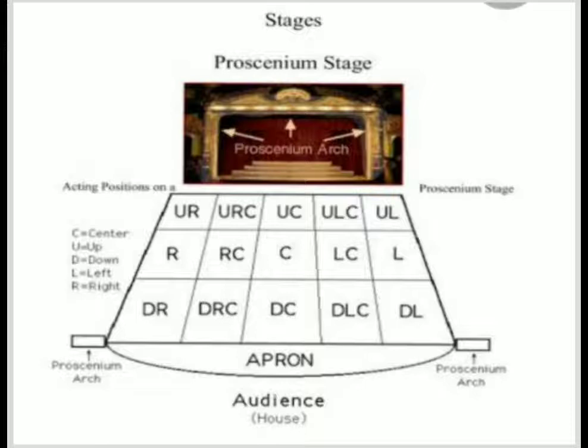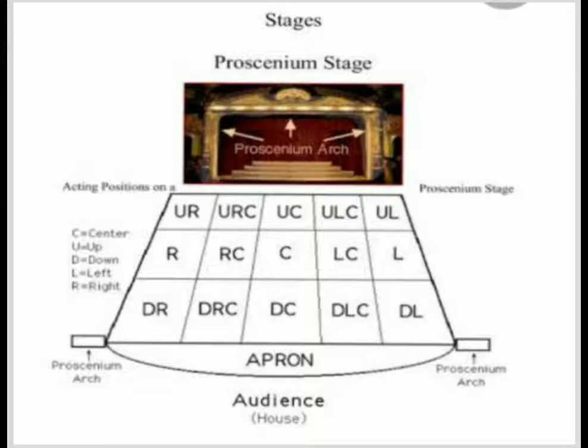The second row is URC, up right center, RC, right center, DRC, down right center, and the next row is the center: UC, up center, C, center, and DC, down center.